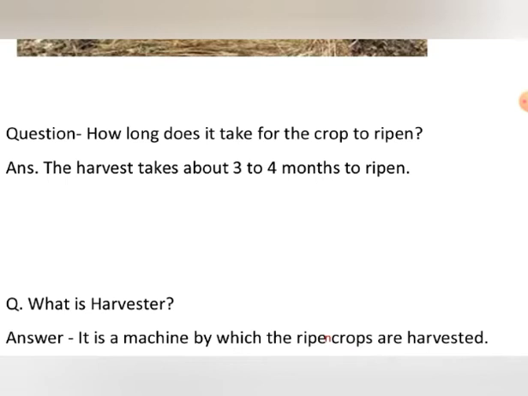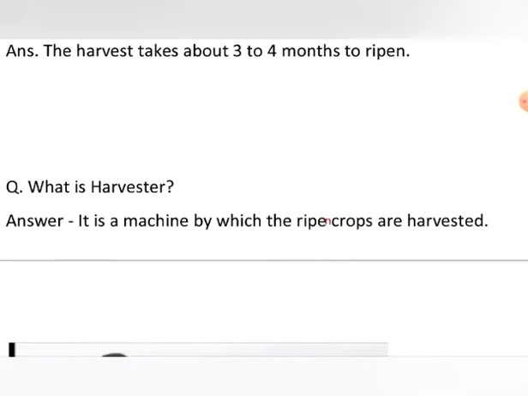Say for example, sugar cane takes 1.5 years or sometimes 2 or more years to grow properly, and there are some crops which take just a month or 2 months, but the majority of the crops usually take 3 to 4 months to ripen. For example, wheat and the common crops which are grown usually take 3 to 4 months.